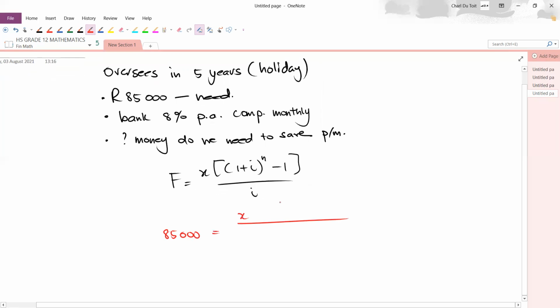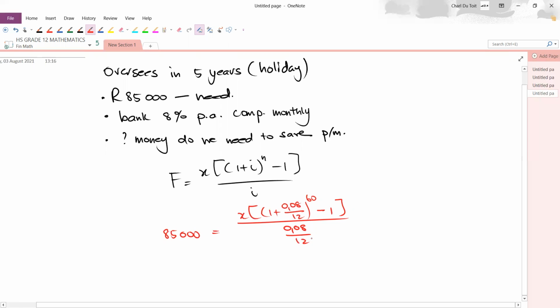X is the monthly installment. We don't know that. And the rate is 0.08 over 12 to the power of 60, because that's 5 times 12, minus 1, over 0.08 over 12. This is not difficult.